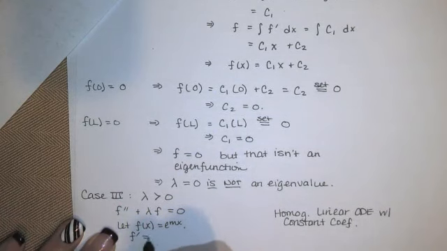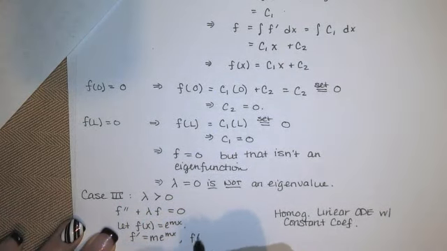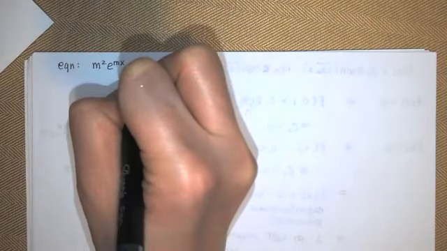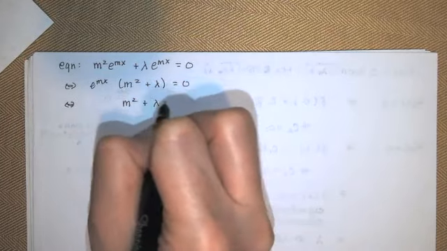You want to differentiate twice, and then you substitute into the differential equation. There's my f double prime plus lambda times f equals 0. And that's equivalent to this. Now the exponential is never 0, so we get this.